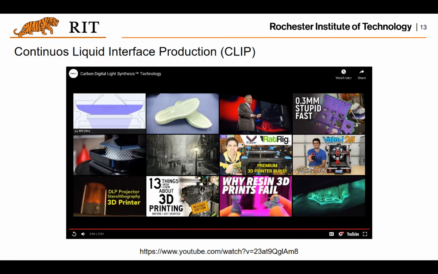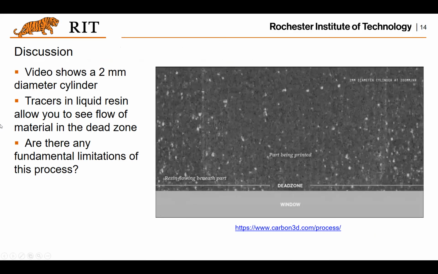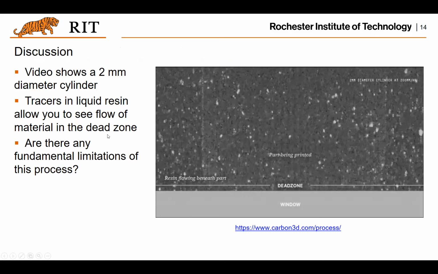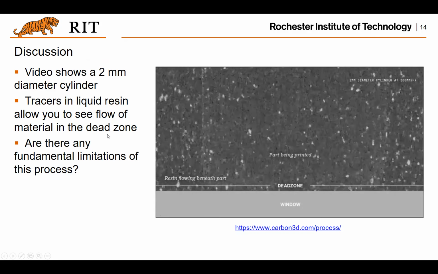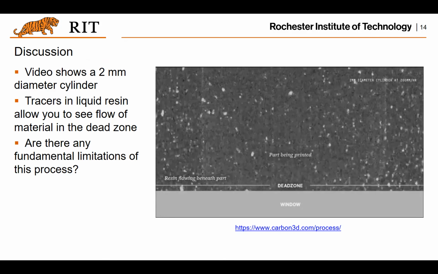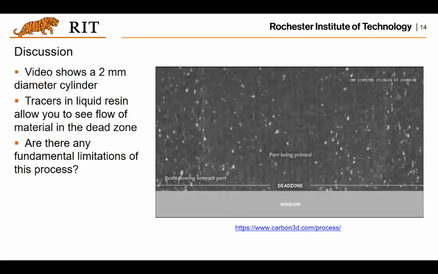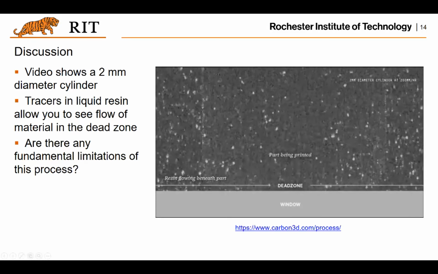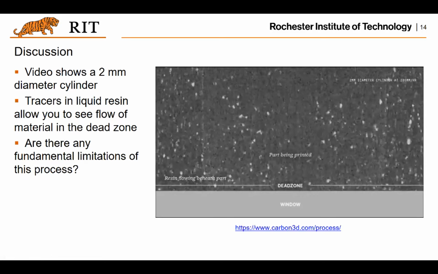All right. So can you tell me what's the biggest difference between this new process and the existing ones? Any idea? Maybe the oxygen produces an oxidation or some chemical process.